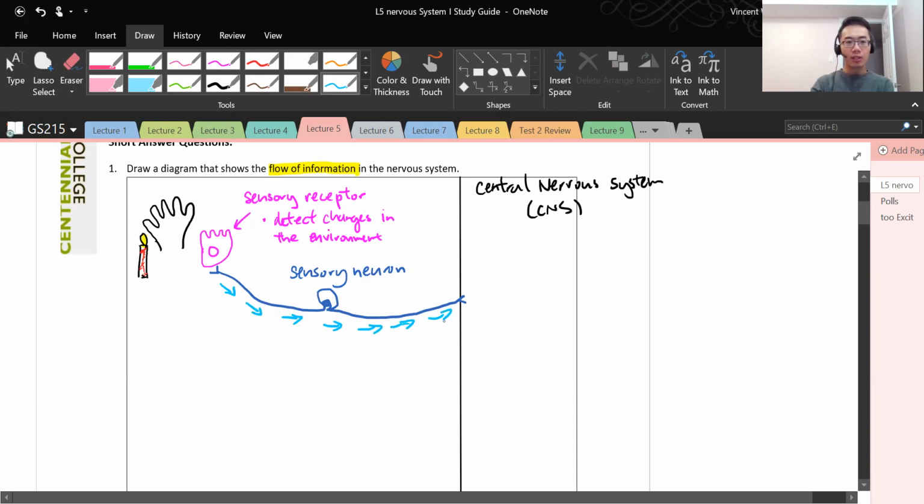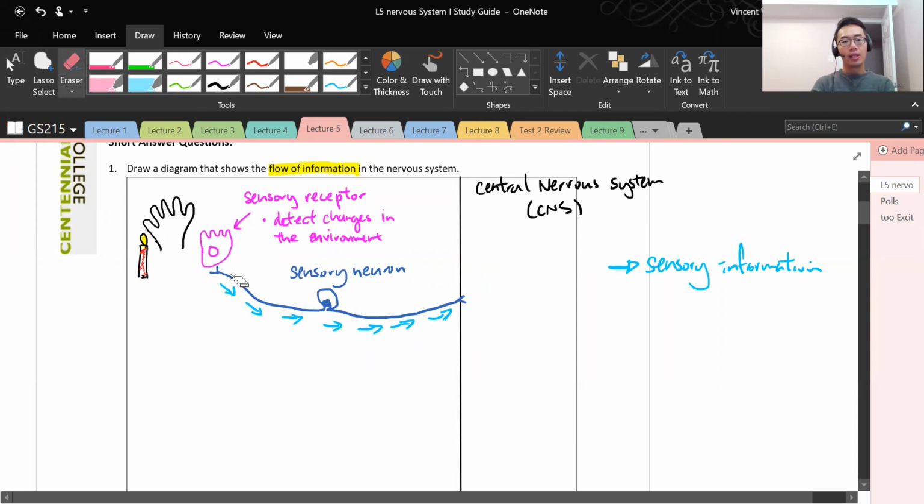Okay, so this information that is being transmitted, the blue arrow, is called sensory information. Essentially, it is information that is detected by our senses. If this was an eyeball, you would be transmitting light information. If this was the ear, you would be transmitting sound information.